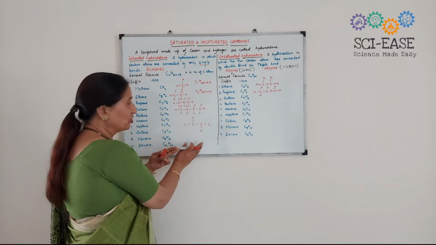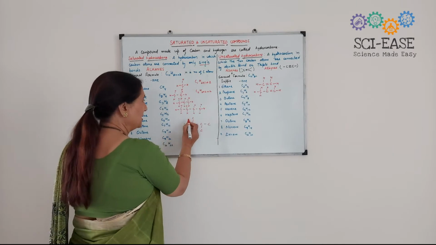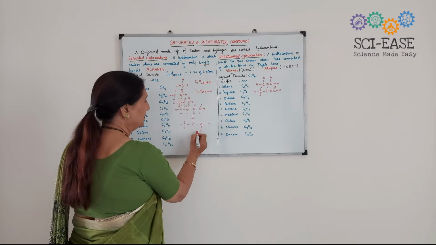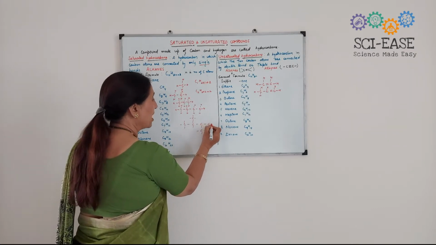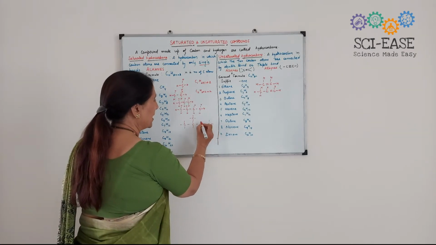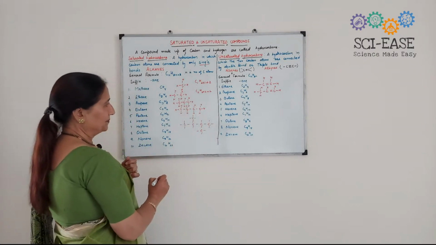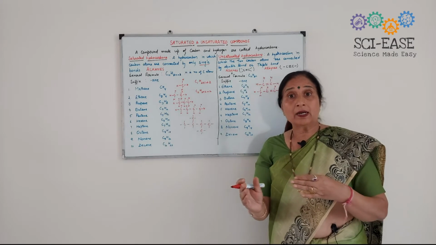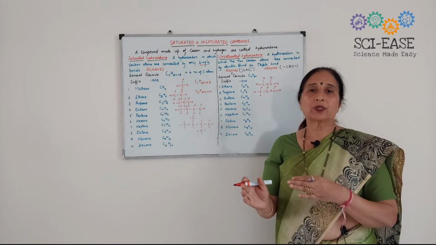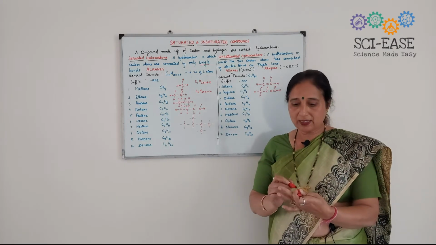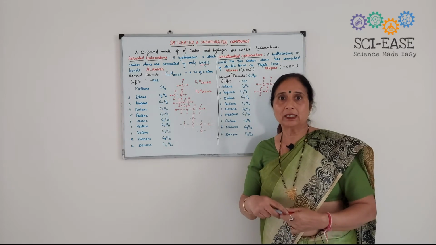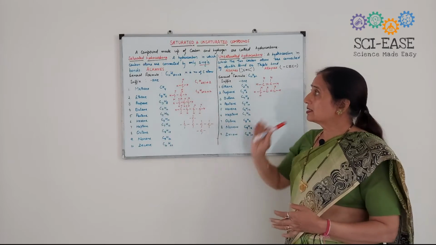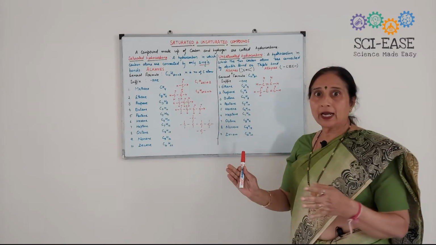So this is a branching in the chain, and then satisfy the valency of carbon. So this is the branched chain hydrocarbon, and then put H. And there are cyclic hydrocarbons also, saturated as well as unsaturated cyclic, that I will take later on. Now, this is all about the saturated hydrocarbons.